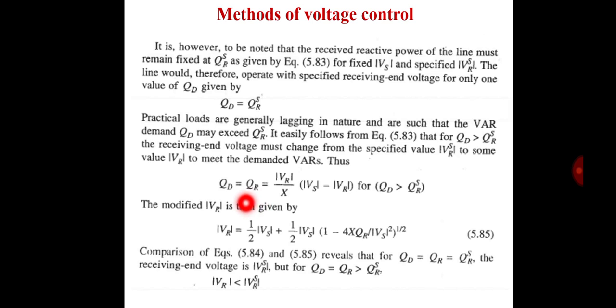That means QD is equal to QR is equal to VR by X into Vs minus VR, where QD is greater than the specified QR. The modified VR is then given by VR equal to 1/2 Vs plus 1/2 Vs times the square root of 1 minus 4 X QR divided by Vs squared.